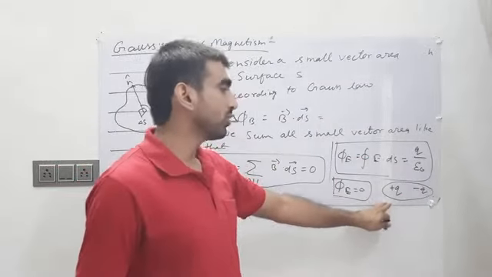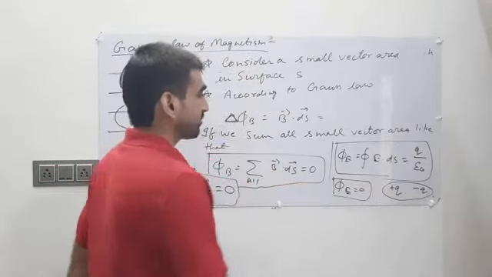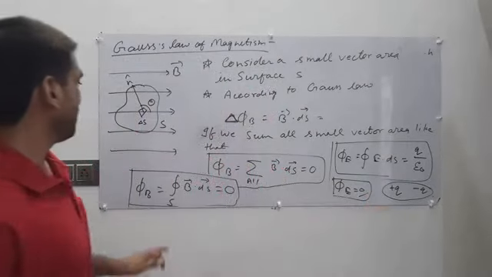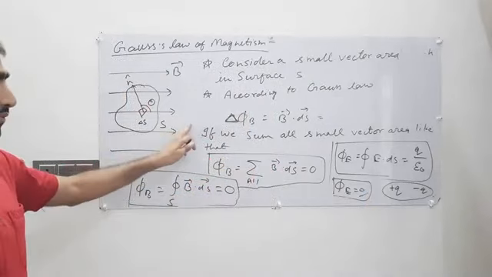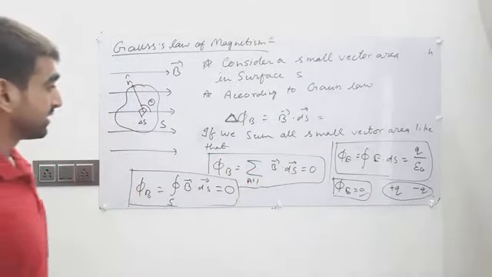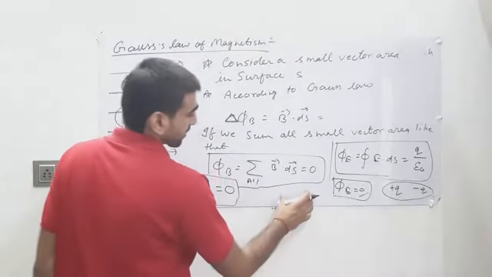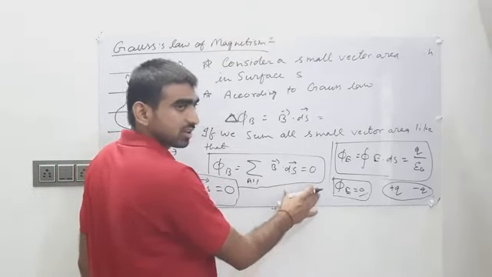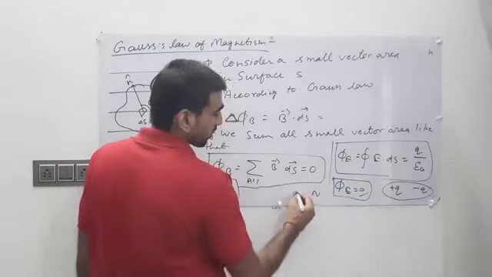Similarly, we get magnetic flux through a closed surface as 0, which means there is always a dipole with opposite poles, a north and a south.